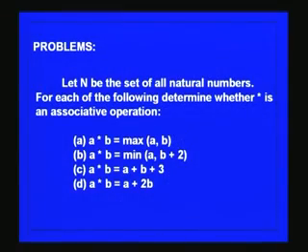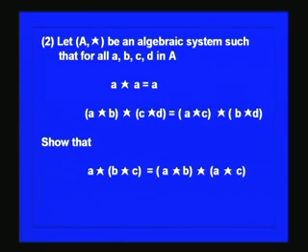Let us consider one more example. Let (A, star) be an algebraic system such that for all A, B, C, D in A, A star A is equal to A, and (A star B) star (C star D) is equal to (A star C) star (B star D).